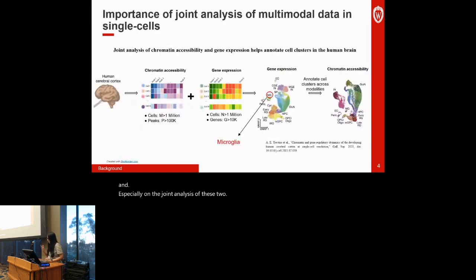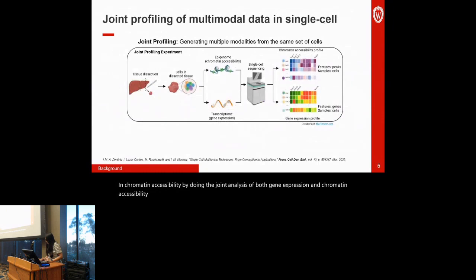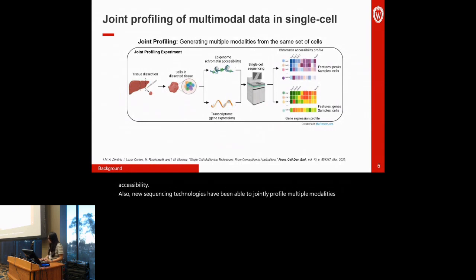As an example of why joint analysis is important, a recent study was able to annotate cell type clusters in chromatin accessibility by doing a joint analysis of both gene expression and chromatin accessibility. Also, new sequencing technologies have been able to jointly profile multiple modalities from the same cells.